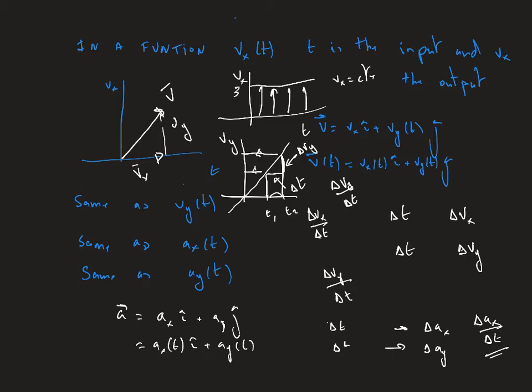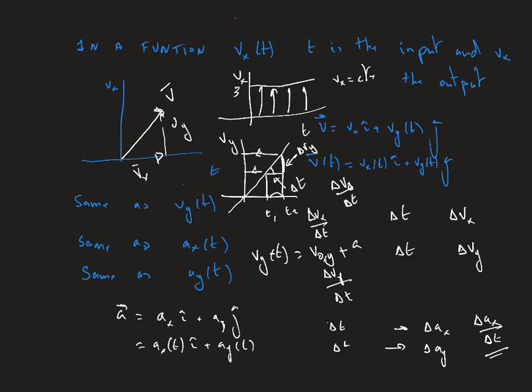So if this is a rectilinear line, Vy of t has the form of a constant b, that in this case will be V0y, plus the slope. The slope is what we call the acceleration.